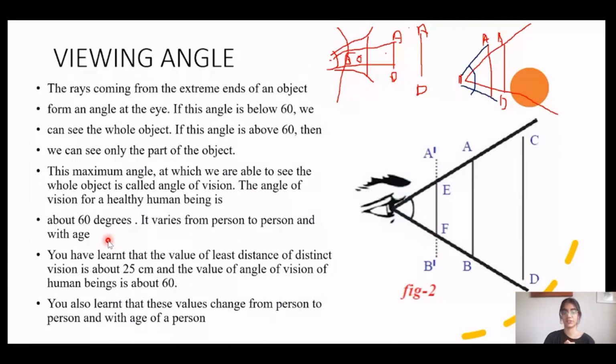This angle of vision for a healthy human being is 60 degrees and it varies from person to person. So the least distance of distinct vision is about 25 centimeters, and the value of the angle of vision of human beings is about 60 degrees. This value changes from person to person and it changes with age.